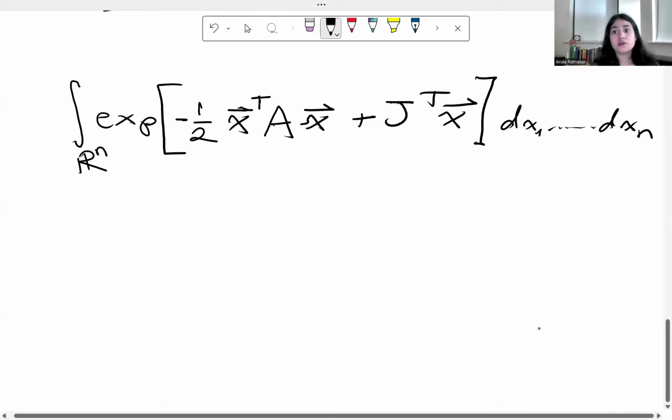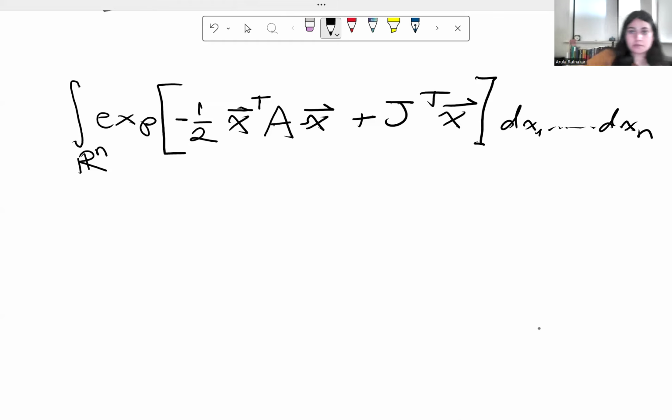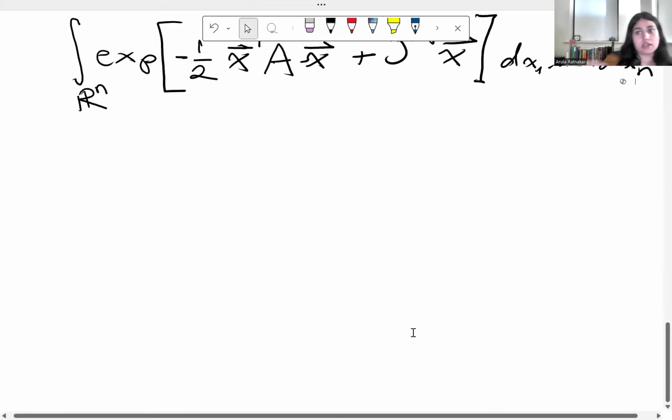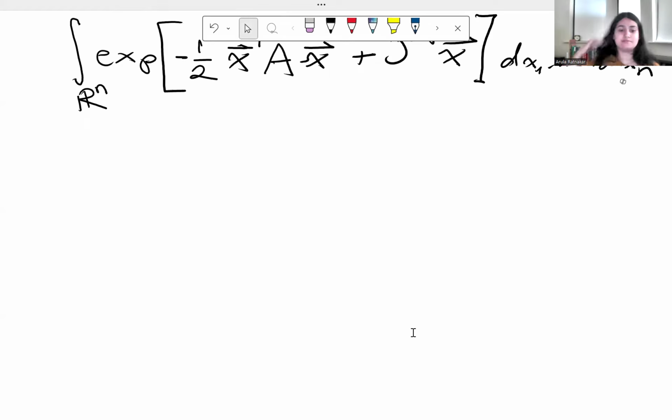Okay. So, the first step is to complete the square of the exponential. And so this is just the extension of the algebraic expansion, but for matrices and vectors.